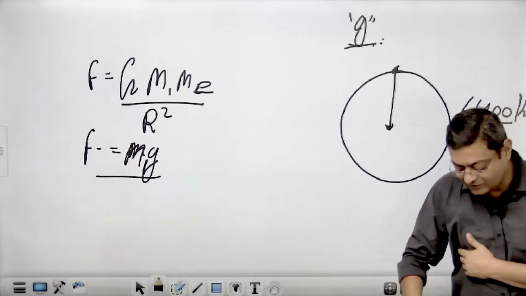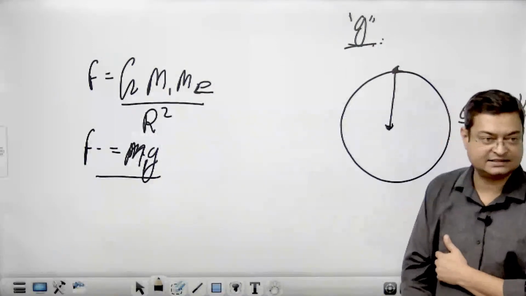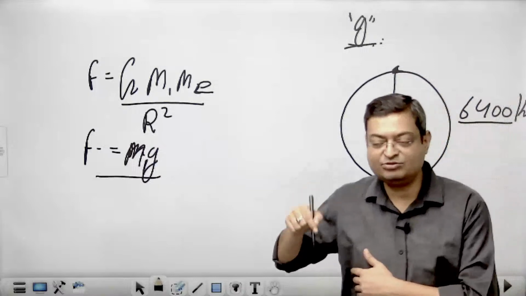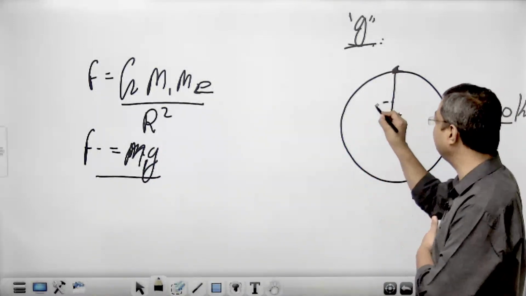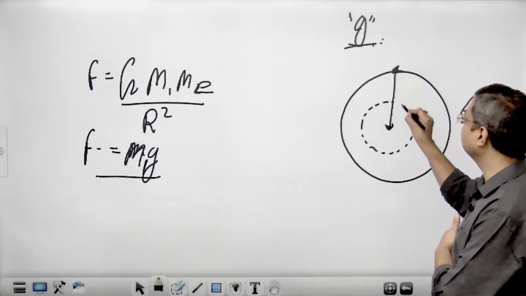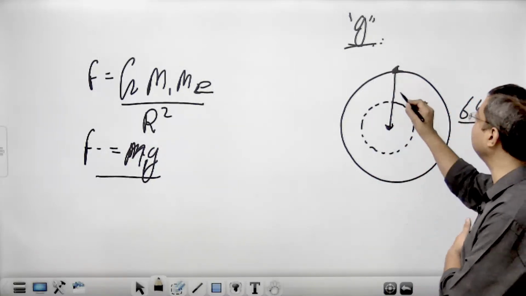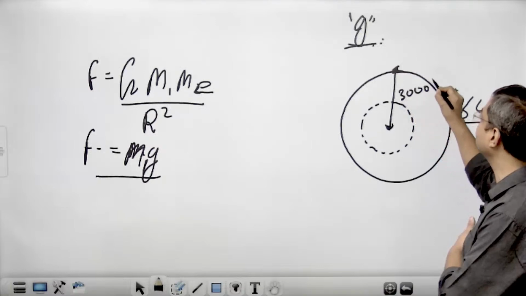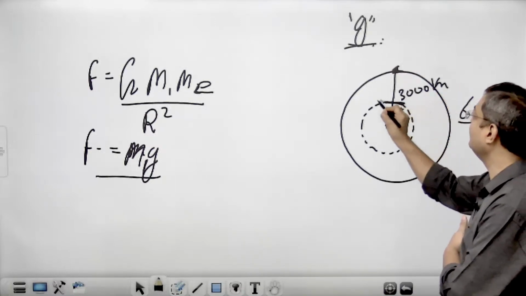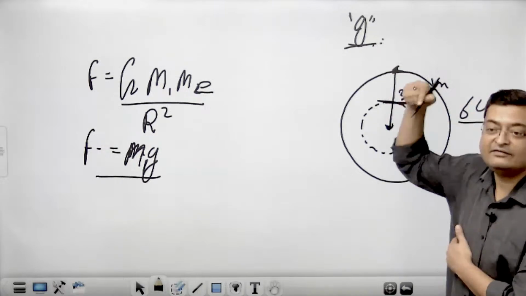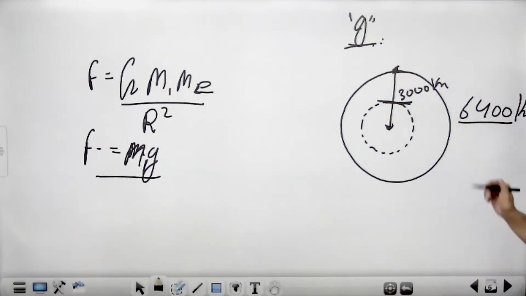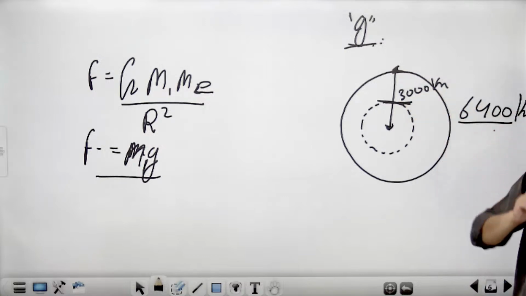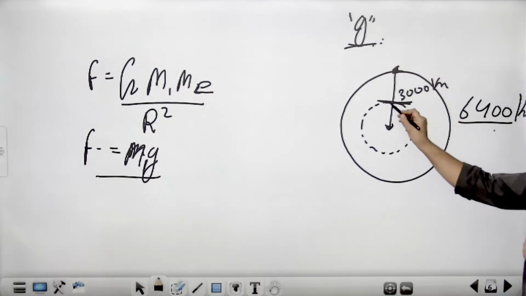Suppose I dig a hole in this crust and I started moving towards the interior of the earth, and suppose I reach up to the depth of 3000 kilometer. What will be my effective distance now? 6400 minus 3000, it will be near about.